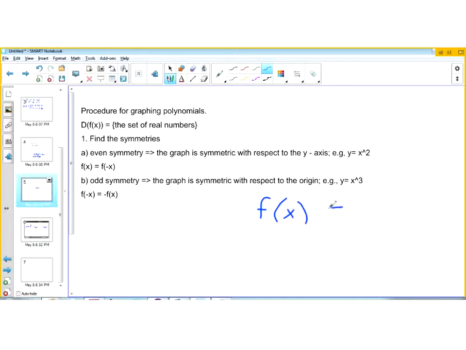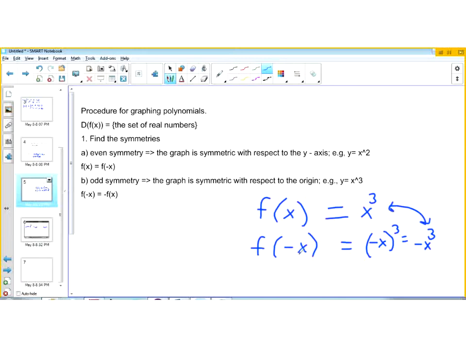So if we let f of x equal x cubed, then what is f of negative x equal to? Well, f of negative x is equal to the negative of x cubed, which we know is equal to negative x cubed.